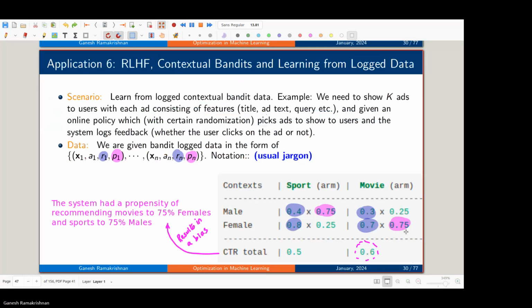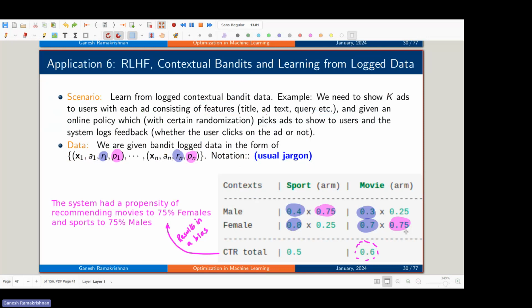So what is the propensity? It's saying that, well, I can assume that men should be more fond of sports, and women should be more fond of movies. There's a bias, clearly a bias in my head, or in the head of the agent. So that 0.75 is the propensity, but for males. That 0.75 times 0.4, and 0.25 times 0.3, is the total weightage for sports and movies respectively for males.